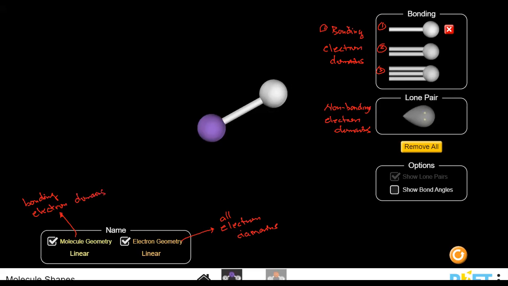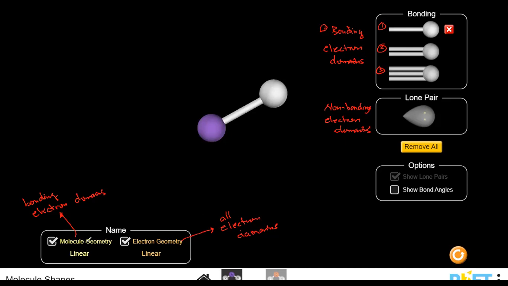Now, a lot of times, the molecular geometry and the electron geometry are exactly the same because you don't have any non-bonding electron domains. So if you take a look at this very first, our generic molecule here of a single atom single bonded to a center atom, this molecule is comprised only of bonding domains.